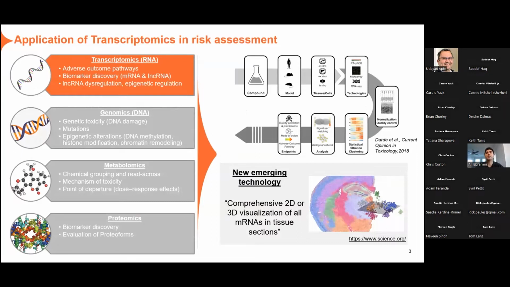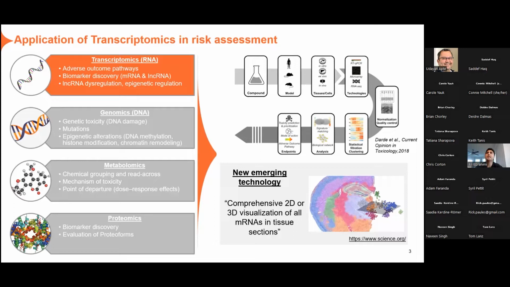Over time, people and organizations have developed really good workflows and identified reliable endpoints to be able to make use of this knowledge, and also make this accessible and understandable for scientists and regulatory agencies in terms of mode of action of toxicity and molecular initiating events for a specific toxicant.